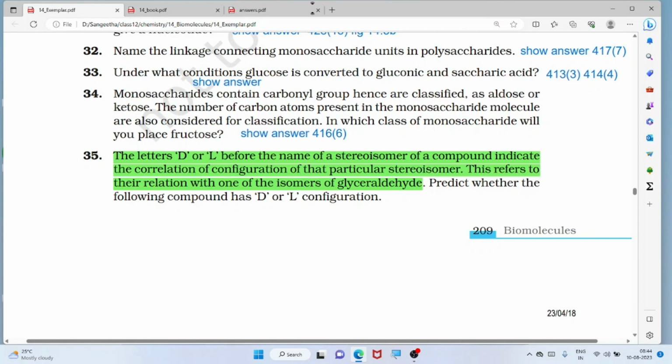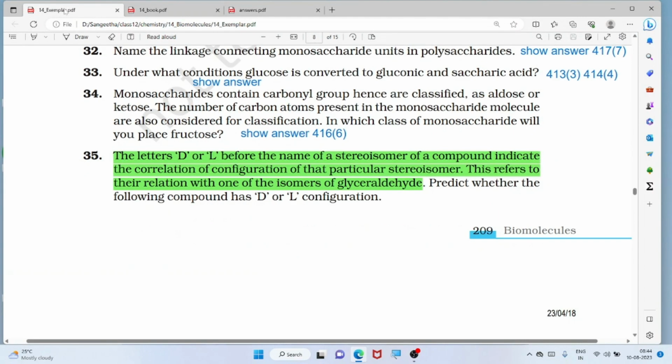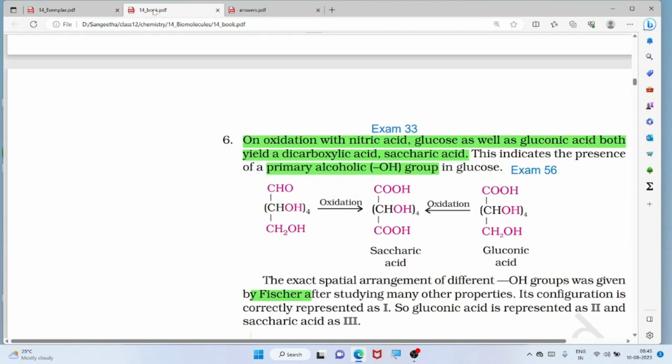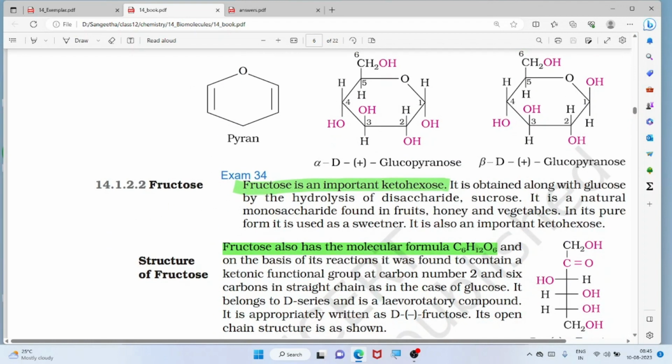Fructose is a ketohexose. Fructose is a ketohexose.